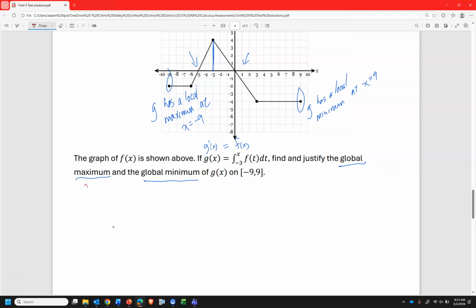And so we can just say f is continuous on -9 to 9. So g is continuous on -9 to 9. And a maximum and minimum are guaranteed.